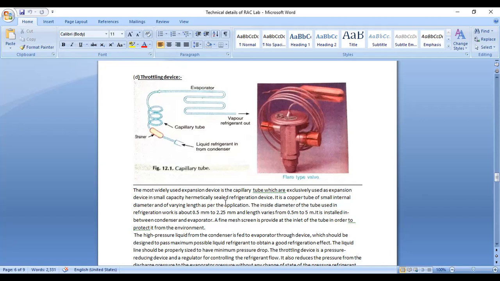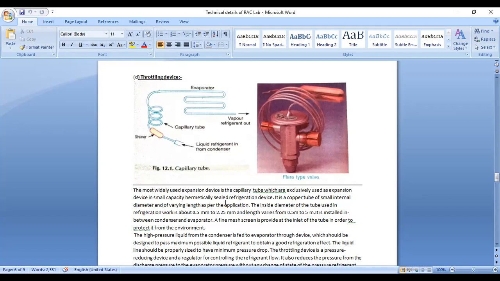It is a copper tube of small internal diameter and varying length as per the application. The inside diameter is generally 0.5 millimeter to 2.425 millimeter and the length is 0.5 meter to 5 meter. It is installed between the condenser and evaporator.